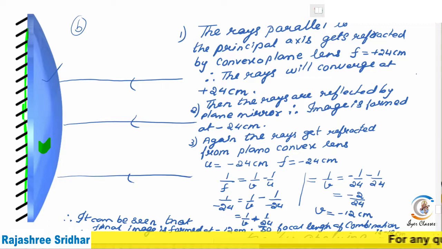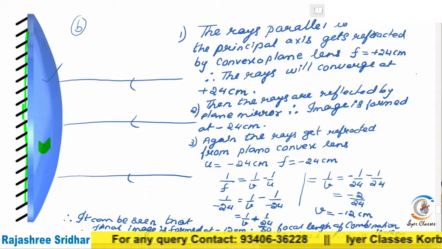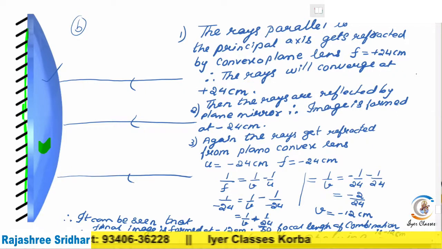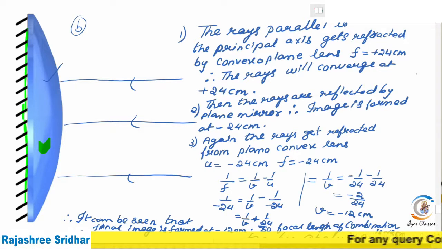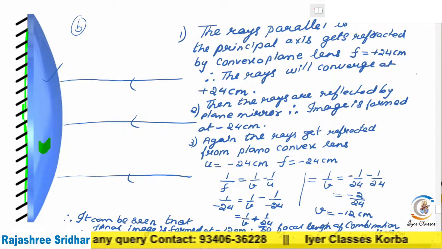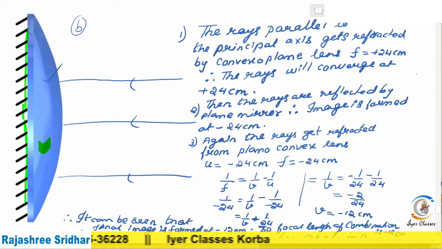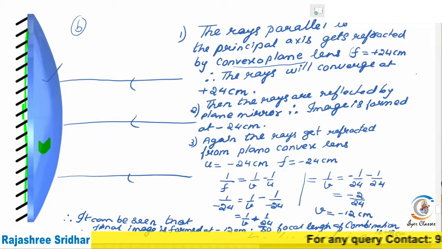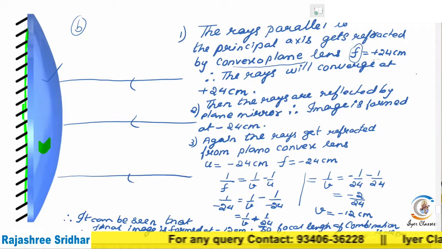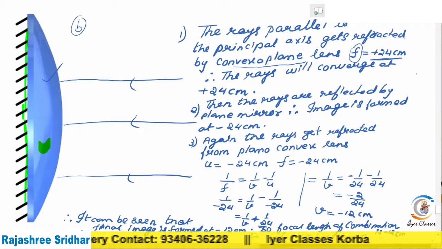Now, here three things happen. First, the rays get refracted from the lens, then reflected from the mirror, and third, again refracted from the plano-convex lens, right. The rays parallel to the principal axis get refracted by the convexo-plane lens, whose focal length we already calculated as plus 24 centimeters.